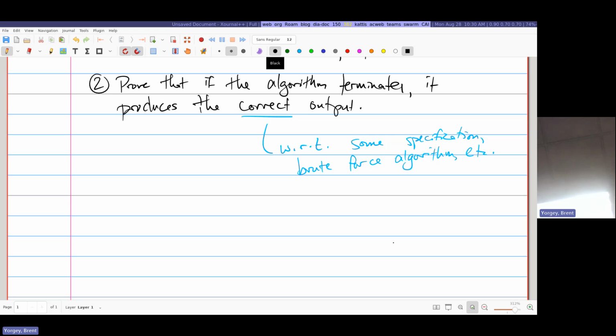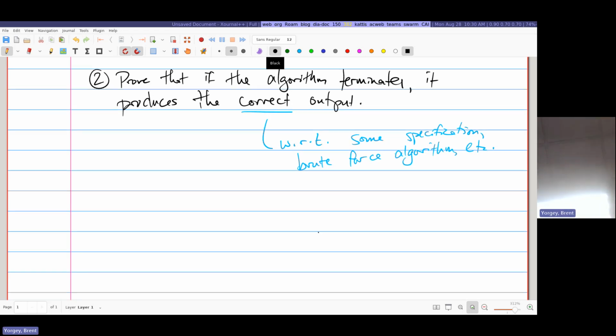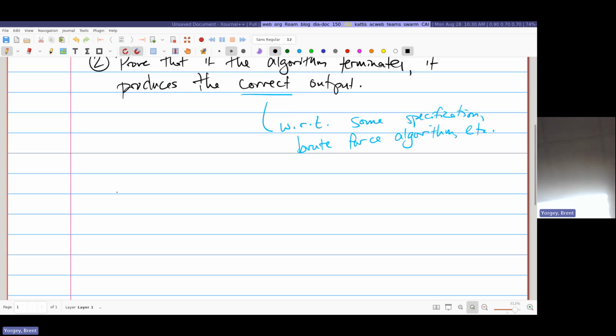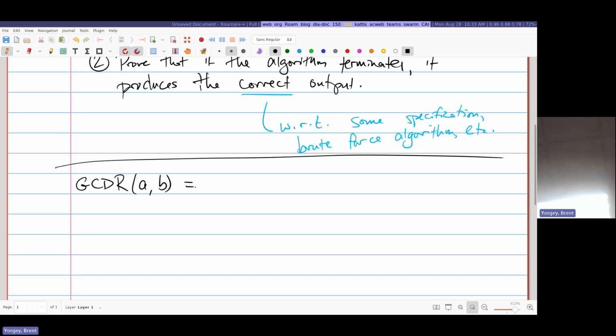No, but I mean we can do both. So we're going to start with the recursive one. I'm going to write out GCDR here. We have GCDR(A, B): if B equals 0, then return A, else return GCDR(B, A mod B).